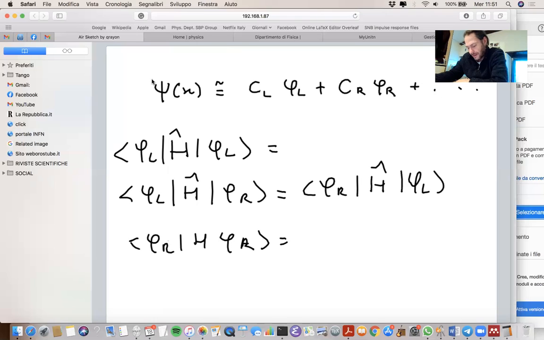Now, the good thing is, I almost have all the ingredients without doing any calculation, because you see, this is the Hamiltonian calculated in the vicinity of the left.